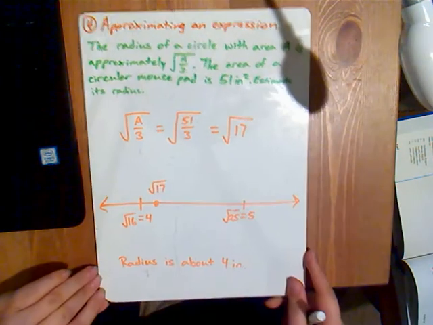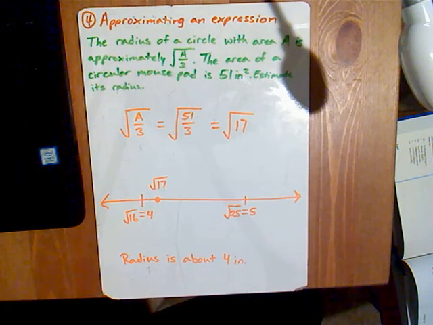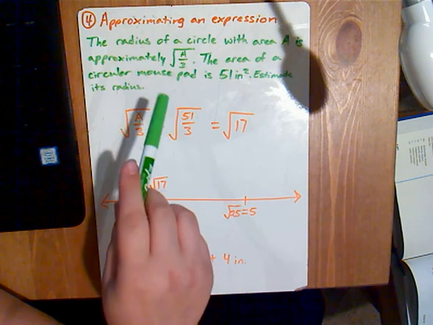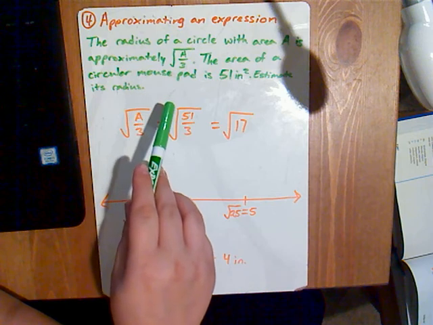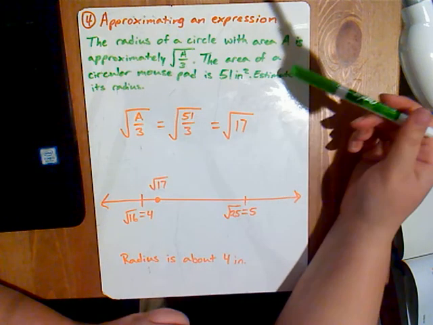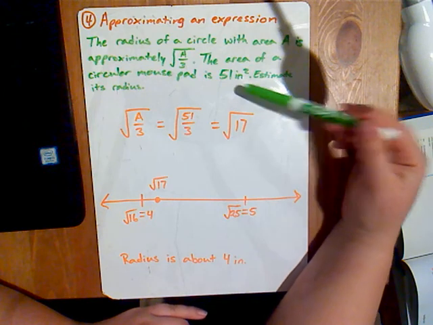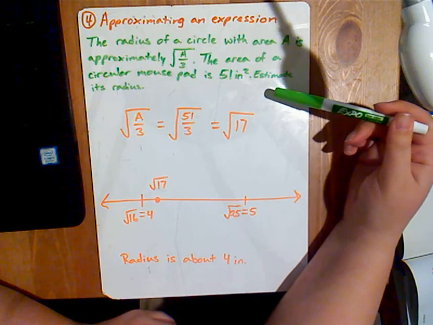Last, we're going to be looking at approximating an expression. So our problem states the radius of a circle with area A is approximately the square root of A divided by 3. So the area of a circular mouse pad is 51 inches squared, and it wants us to estimate its radius.